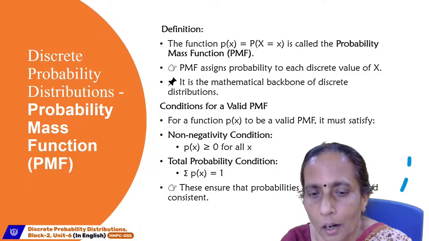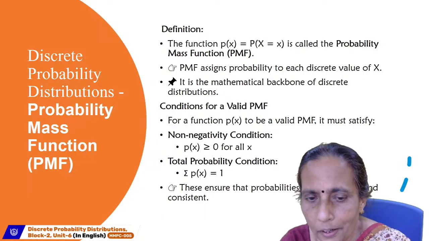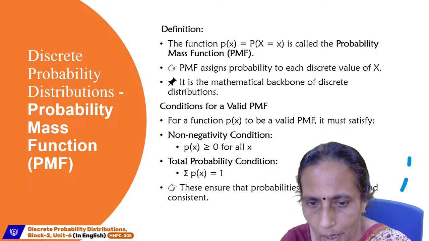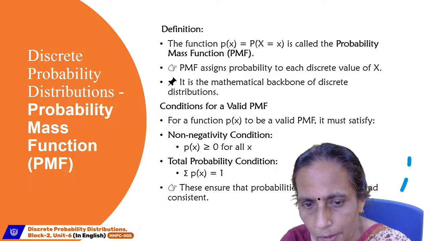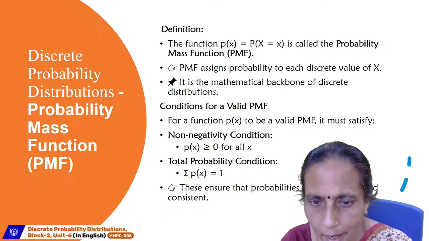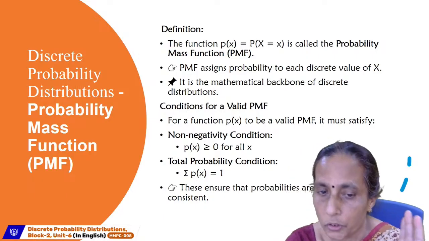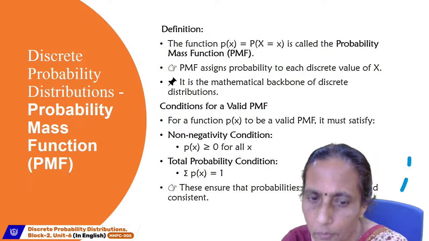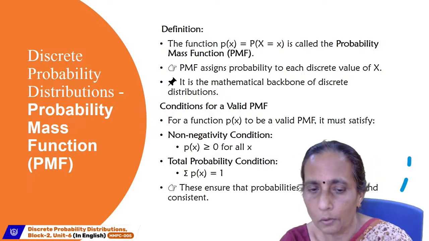It may be an impossible event, in which case it is 0, else the probability is positive. And the total probability of all the occurrences is one.